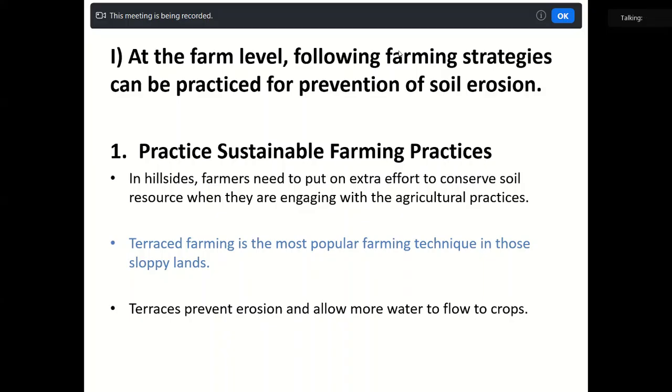So that's how they develop SALT, and also we can establish stone walls, and cover crops and everything. So it is a collective of practices in sloping agricultural land technology.